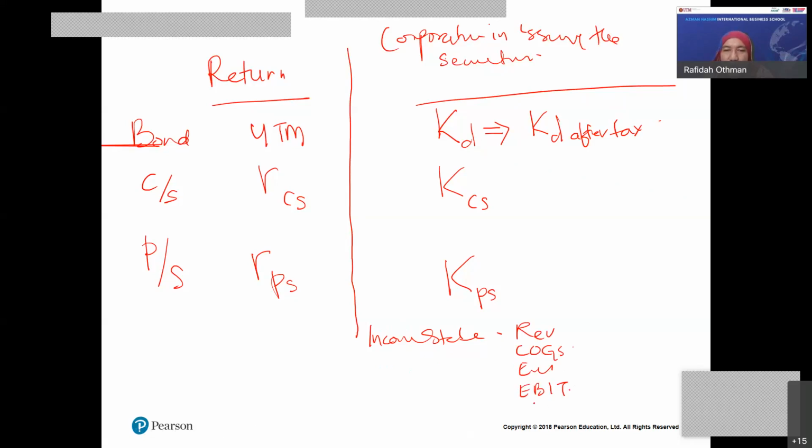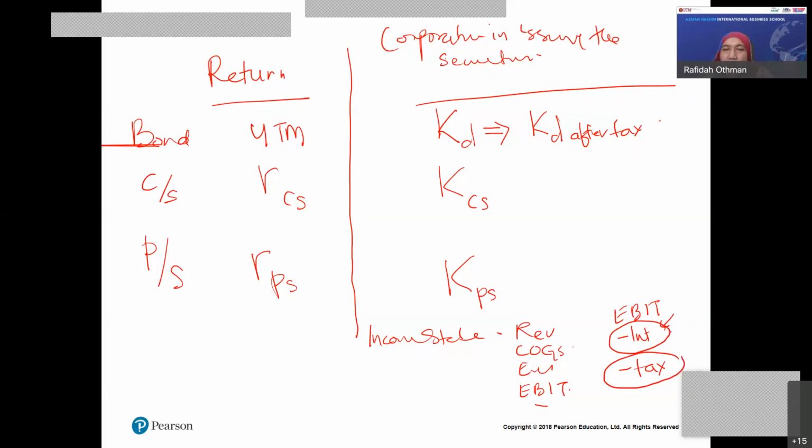After that, you subtract interest, which is all the interest on the long-term bond or long-term debt. Only then you subtract your tax.